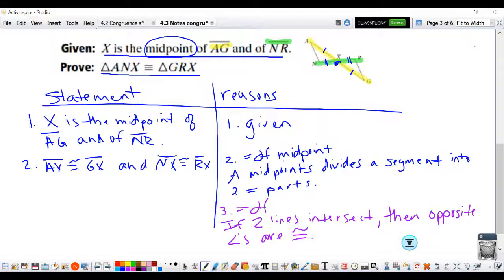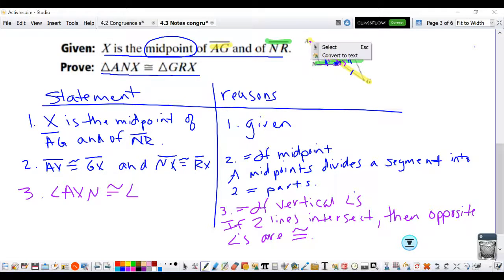Who remembers what these opposite angles are called? If you said vertical angles, you are correct. So we can say that angle AXN is congruent to angle, I need to find the corresponding angle to A, and that's G, GXR, are congruent because of vertical angles.